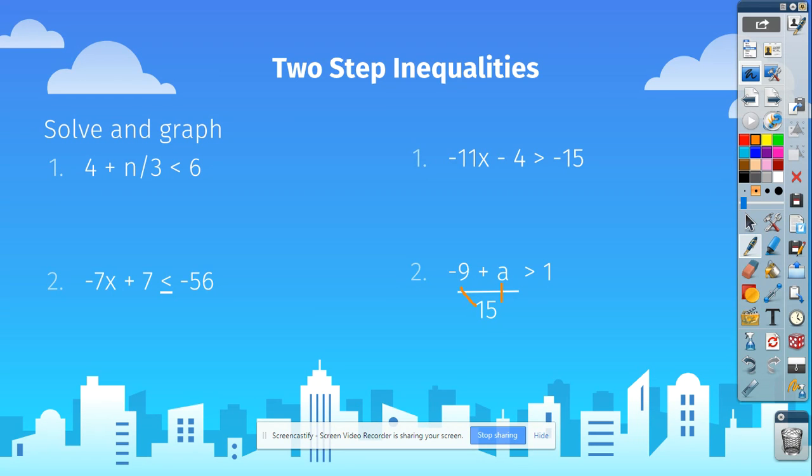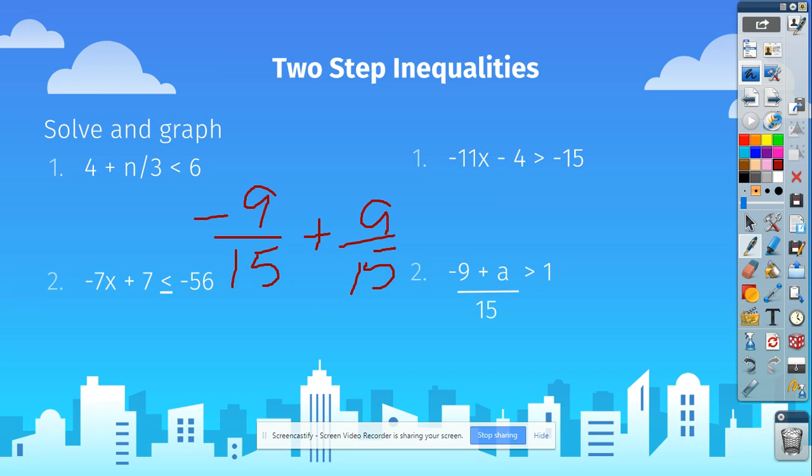So what I'm saying is I cannot just go ahead and add 9 because this right here isn't really 9. This is actually negative 9 over 15. This is technically negative 9 over 15 plus a over 15.